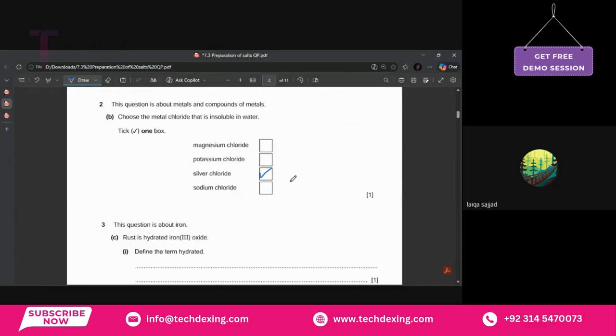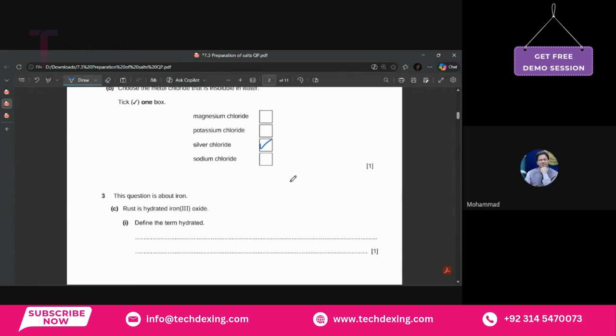The term hydrated simply means such a substance that contains water, but that water needs to be chemically combined within its structure. That's why we call it water of crystallization. Water needs to be bonded chemically.